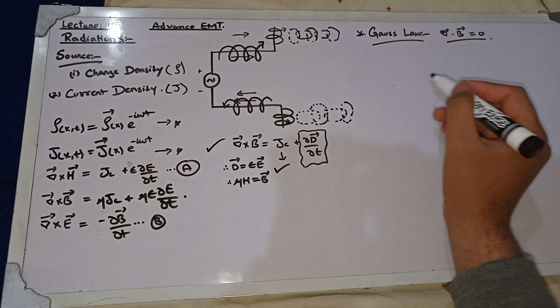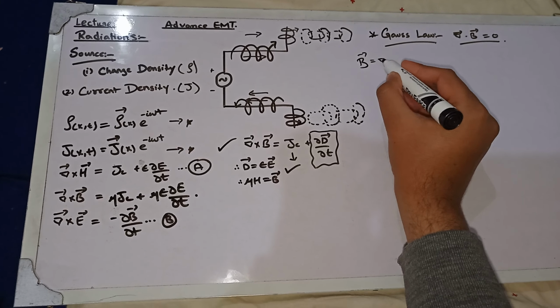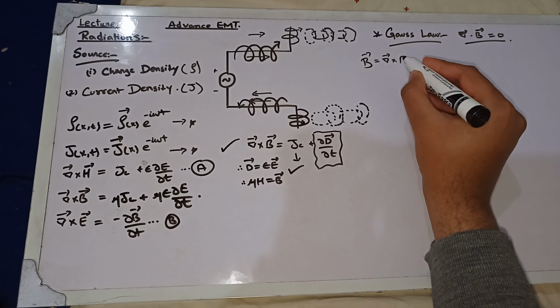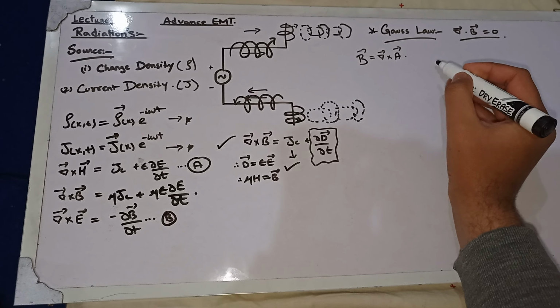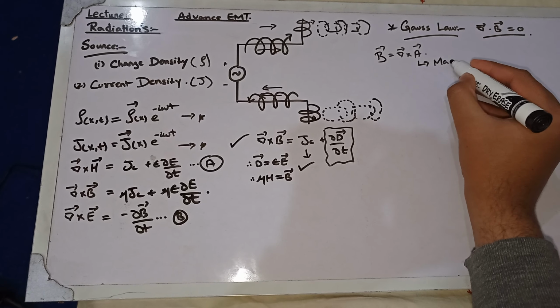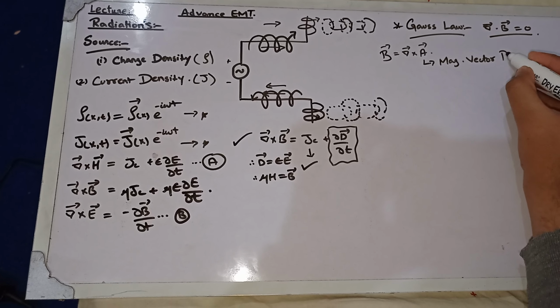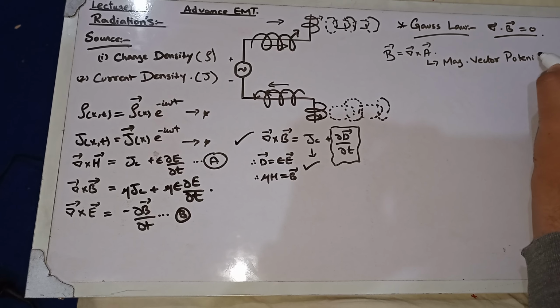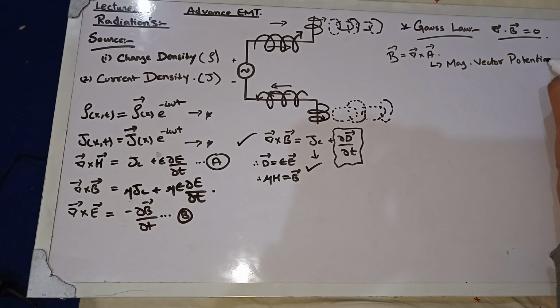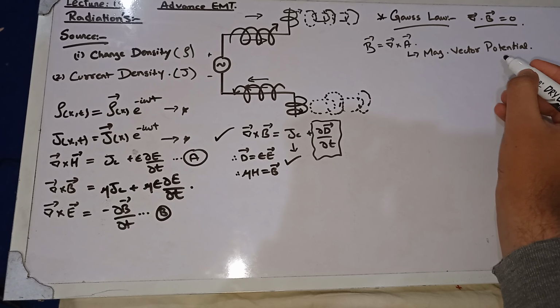So B can be written as del cross A, where A is the magnetic vector potential.